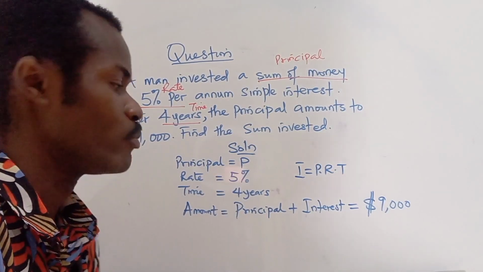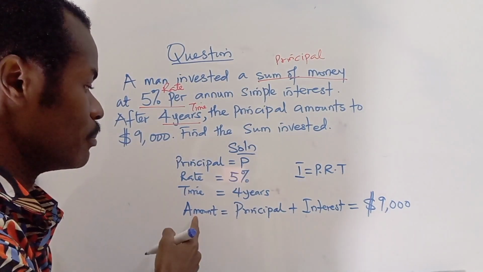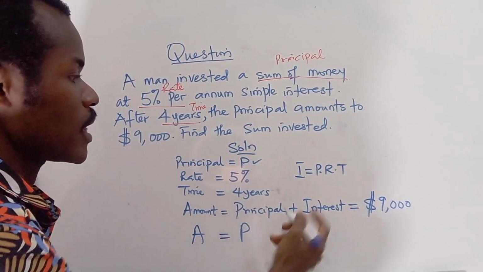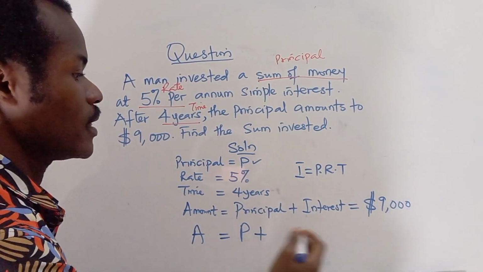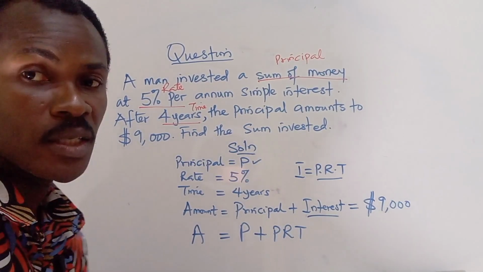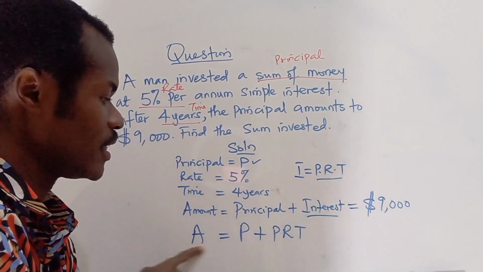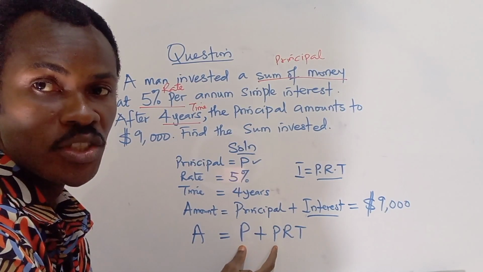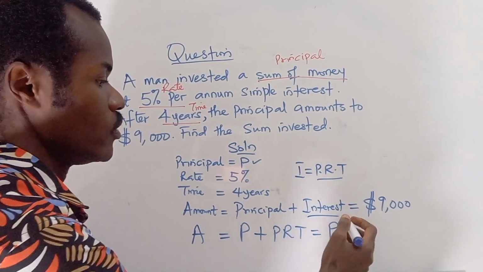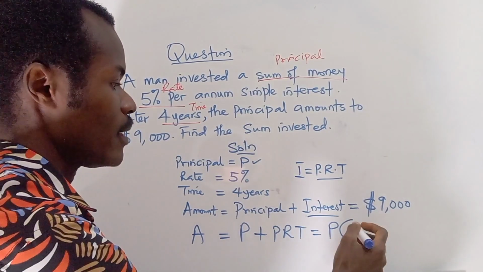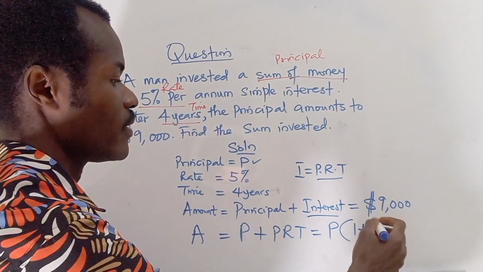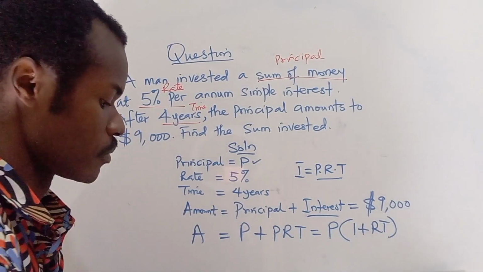Now we're going to do some simple arithmetic. Let's call this money A. A is equal to our principal, which is P, plus our interest, which is PRT. From this, I can factor out P, which we know is common. If I factor out P, I'm going to have P into 1 plus RT.